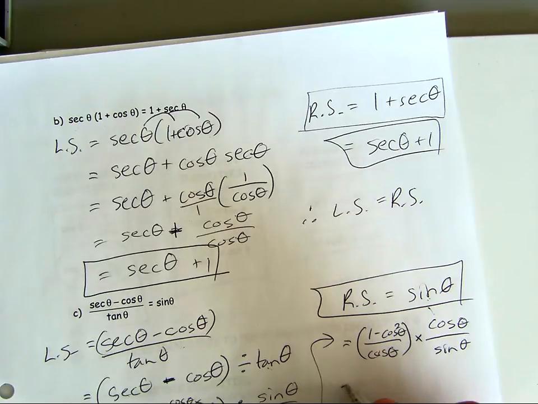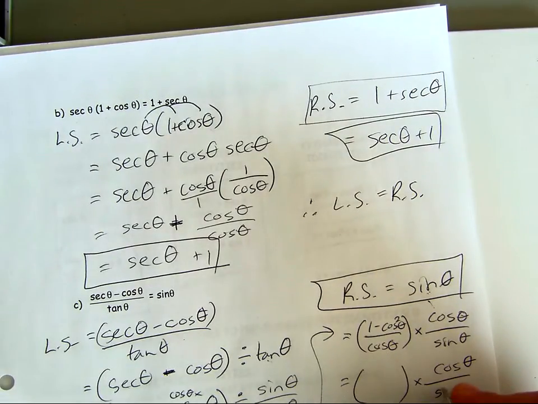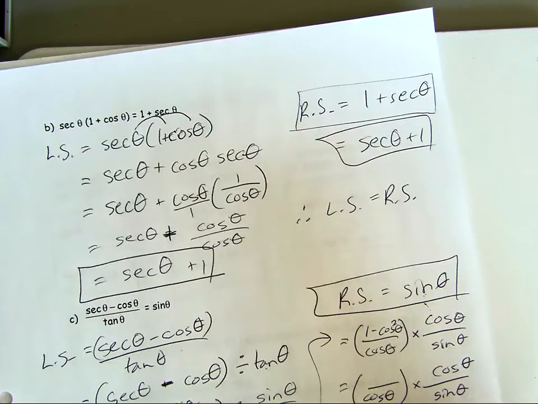Now, the other thing I've noticed is that this 1 minus cos squared theta, I'm going to actually change that. I'm going to leave everything else the exact same, but I've noticed something, and you'll notice this every time you see 1 minus cos squared theta.